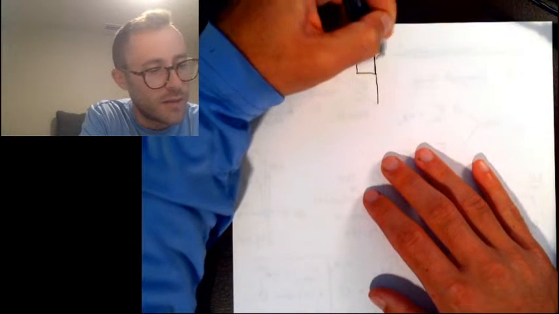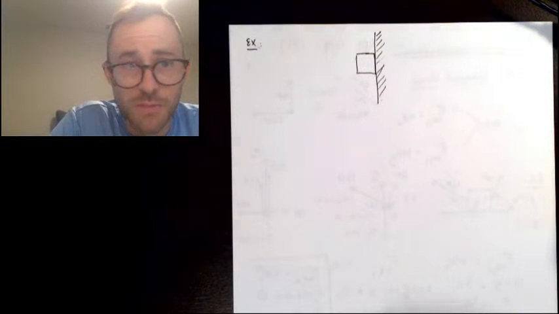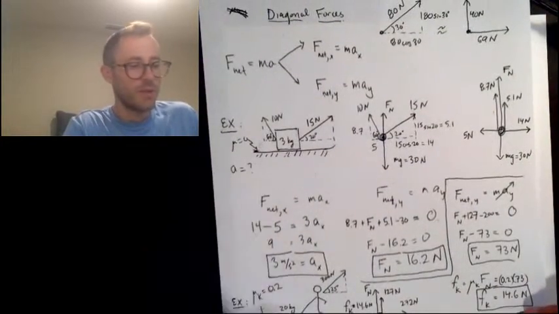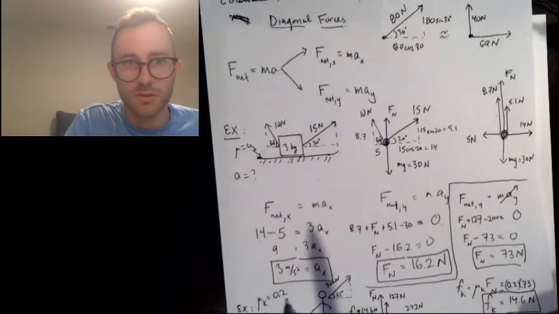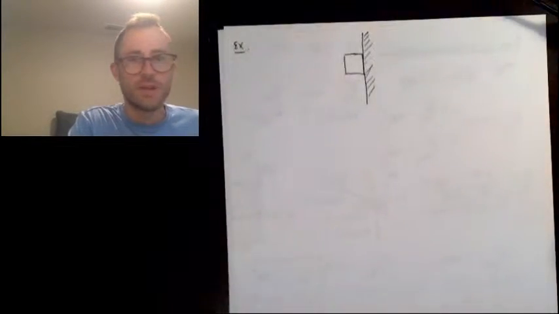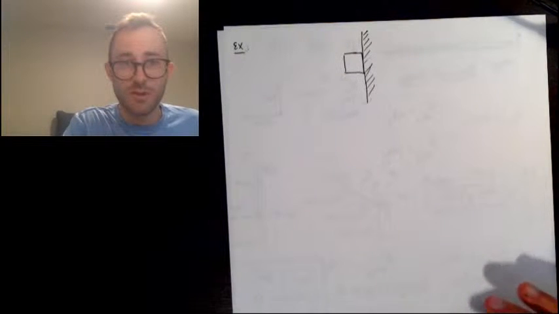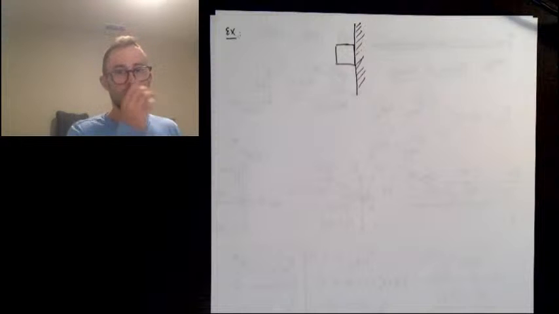Now type it into the chat if you know. For both of these problems, the y component of the acceleration is 0 and the x component is not equal to 0. Type it into the chat if you know how this problem is going to be different because of the presence of the wall, as opposed to the floor.